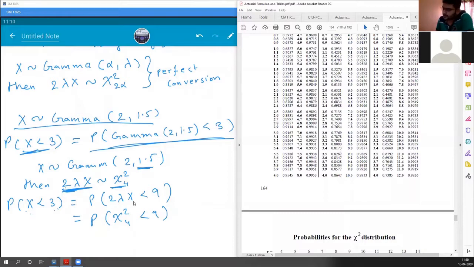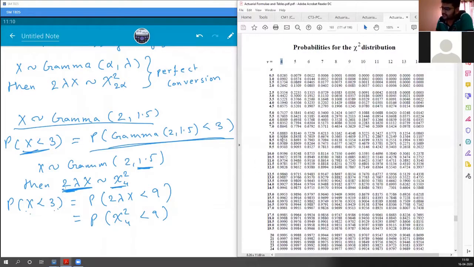So for 4 we are looking for probability less than 9. This becomes our probability, which will be equal to 0.9389. This would be our answer.